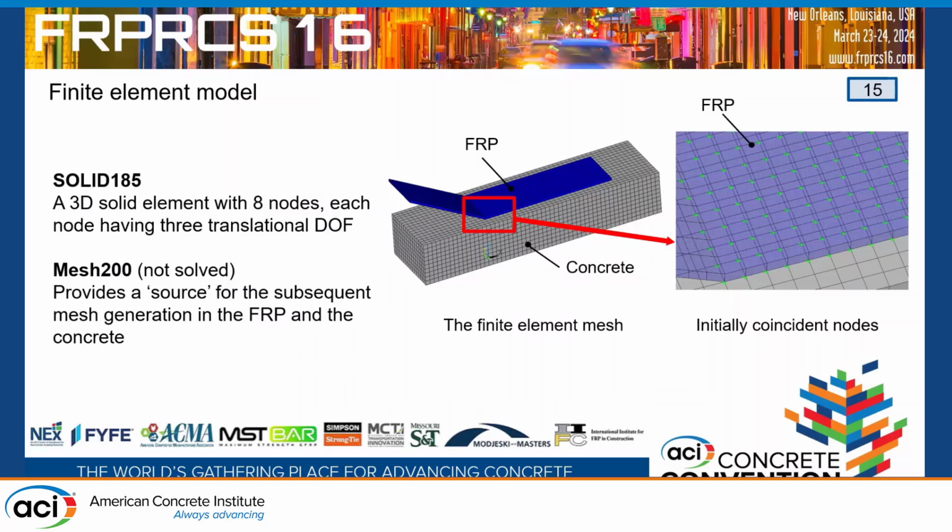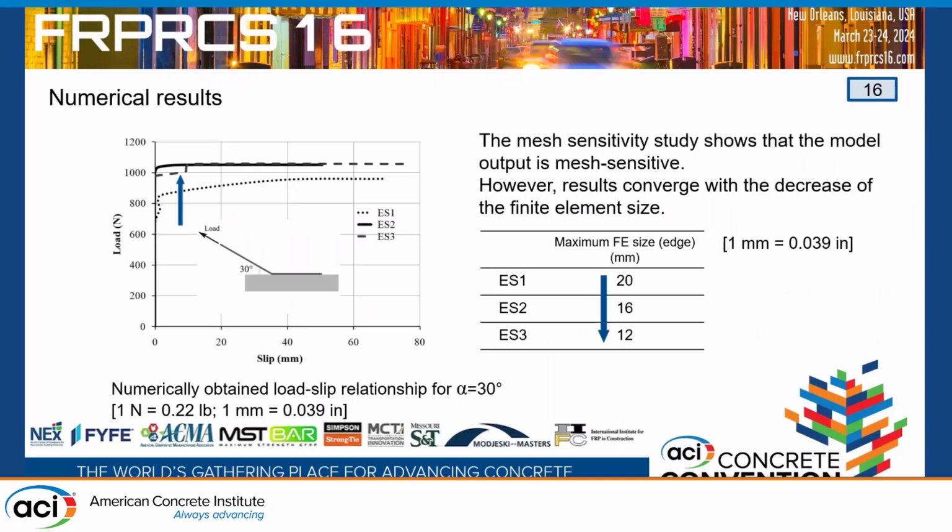Our explicitly modeled constituents are meshed with solid finite elements, except for the interface, where a pre-meshing with a not-solved finite element is performed, first to obtain a more regular mesh, and second to predefine the positions for the initially coincident nodes at the interface.